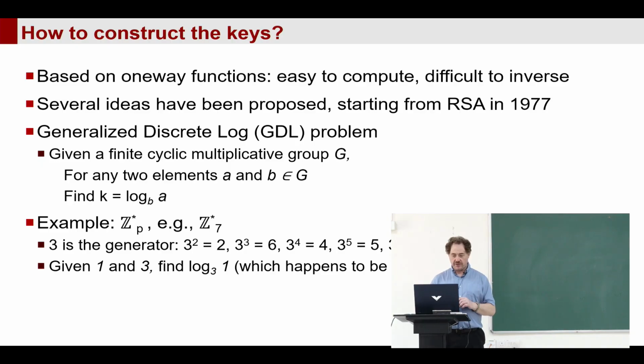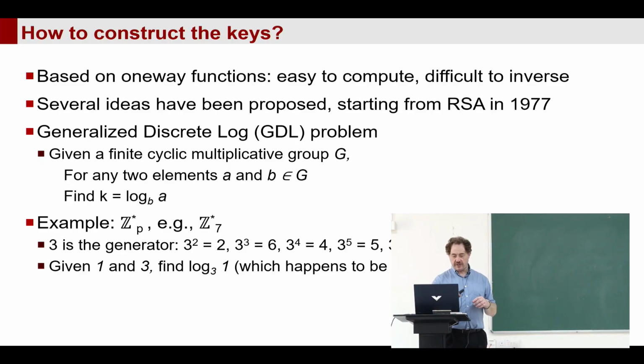But what's the problem of the discrete log? The problem is the following. We take any two members of the group, and the problem is to find the logarithm of one element based on the second element.